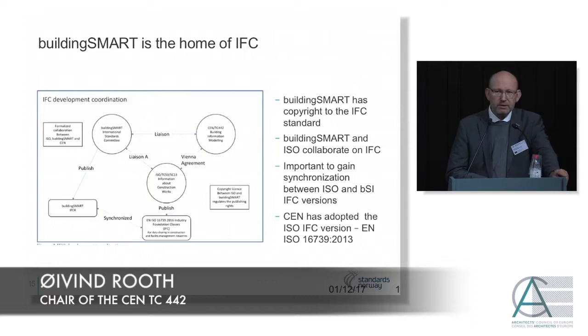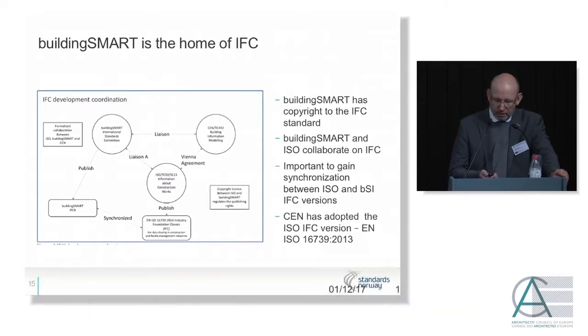So that means that everything we need to change with that standard, we need to collaborate with Building Smart International. The ownership is quite special actually, by Building Smart International, and ISO had just the right to publish it. So every change that has to be made, we need to collaborate with Building Smart International.